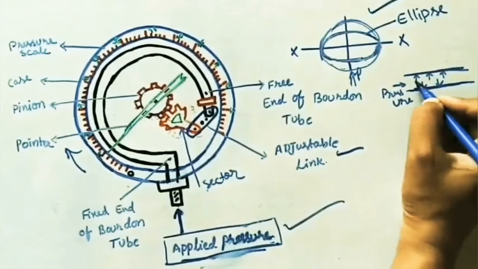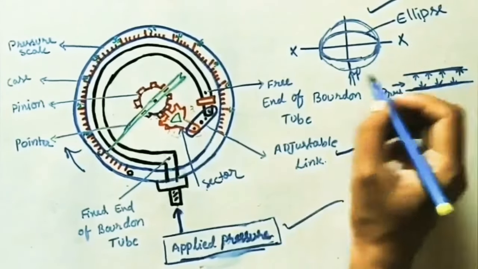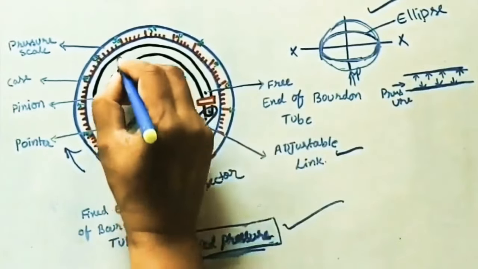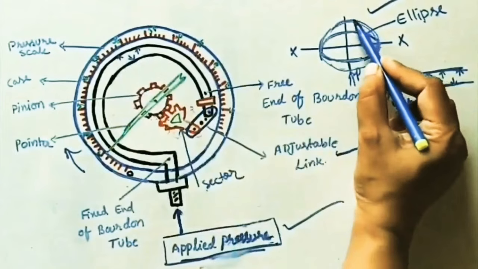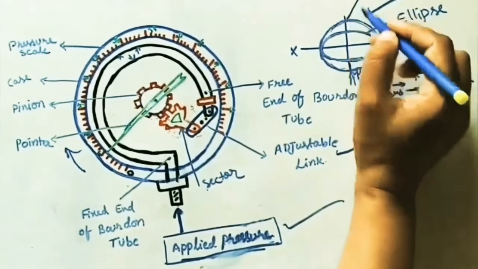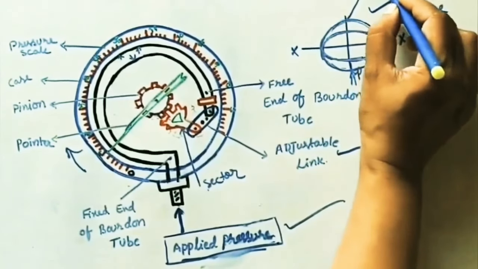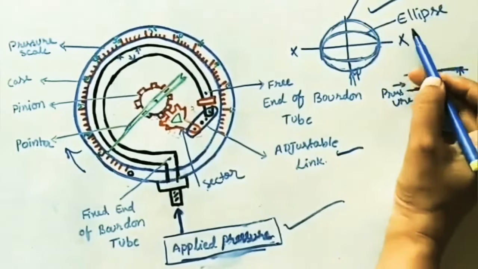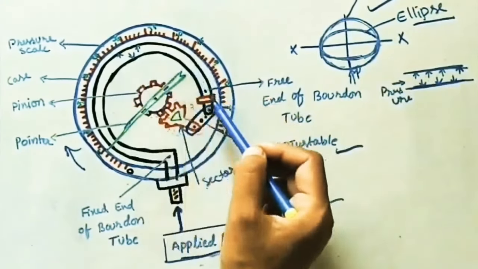If you supply air or gas to a tube, it will deflect into a circular shape. The gas forces the walls and the tube becomes perfectly circular. This is the main working operation: deflection is proportional to the applied pressure. This is the main working principle of the Bourdon tube, so instead of an ellipse, it becomes circular like this.